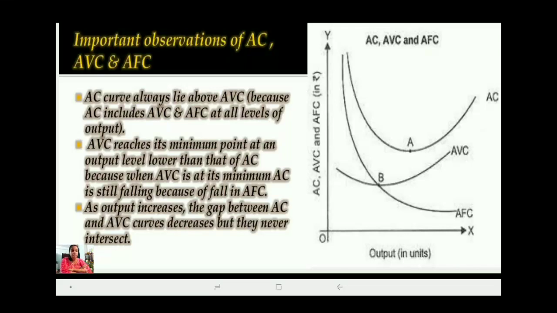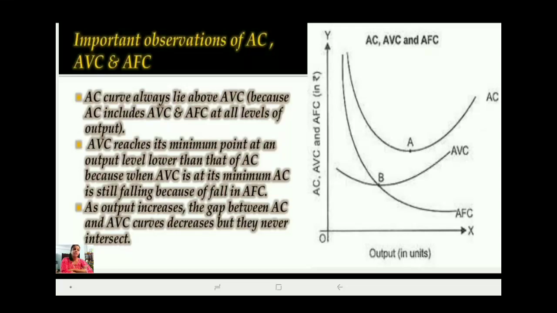Okay, so second relation, average variable cost reaches its minimum point at an output level lower than that of average cost. You see, average variable cost has its minimum at point B. There are 2 points, point A and point B. Average variable cost reaches its minimum at point B, but in case of average cost, the minimum point is at point A. So that means the average variable cost reaches its minimum point before the average cost.